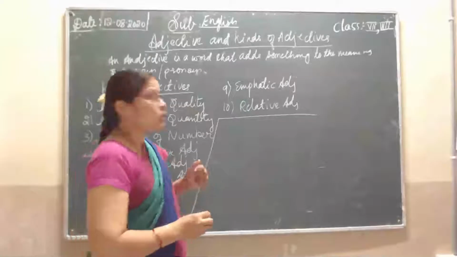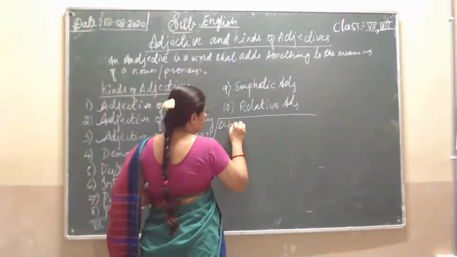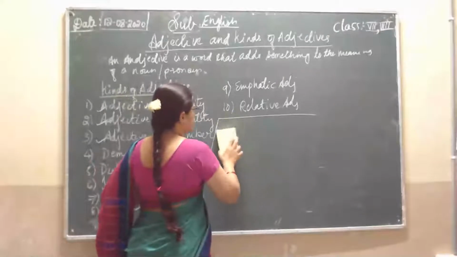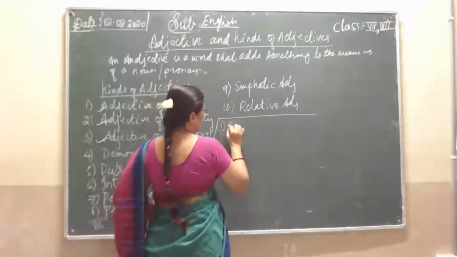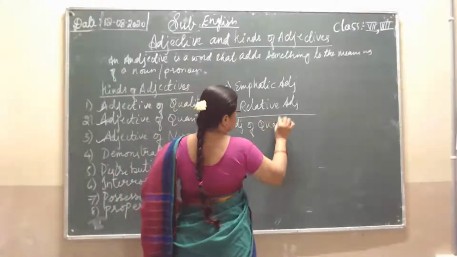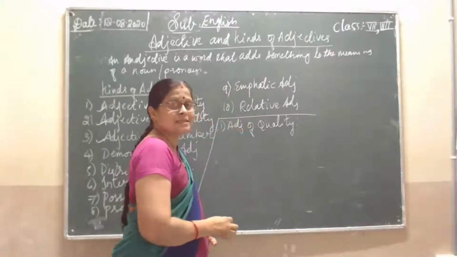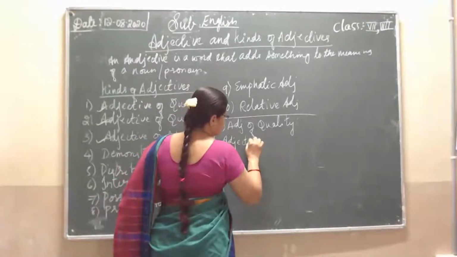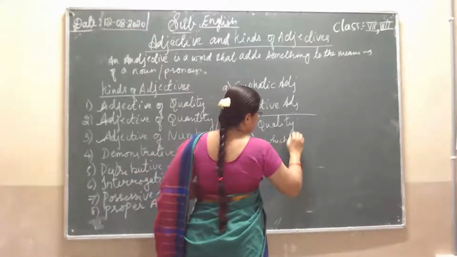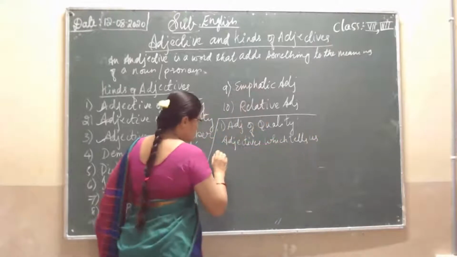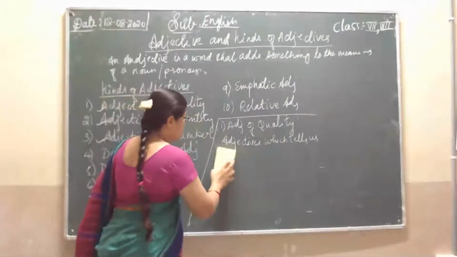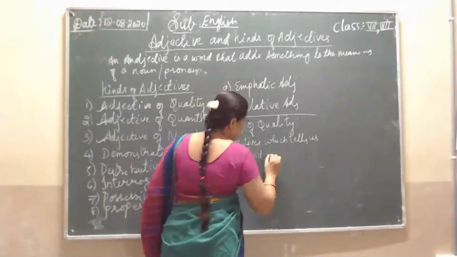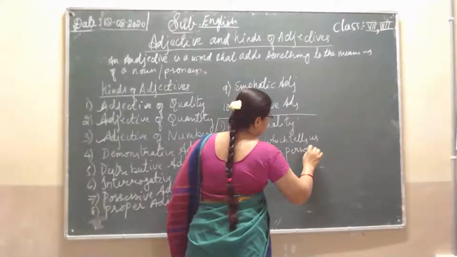So what is an adjective of a quality here? The definition is, adjectives which tell us what kind of a person or thing is.